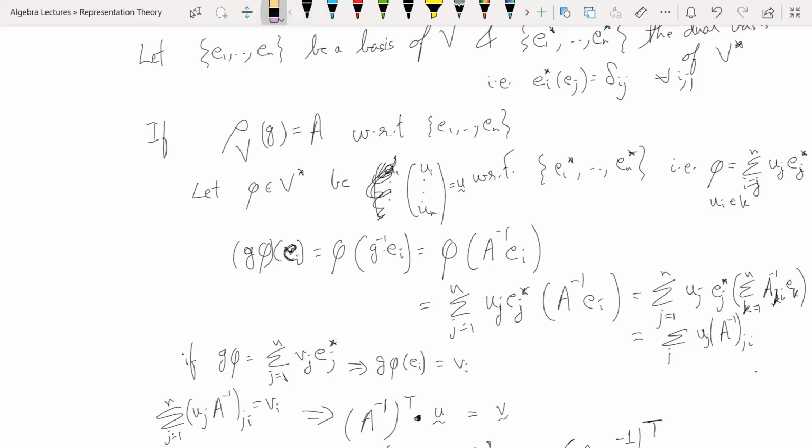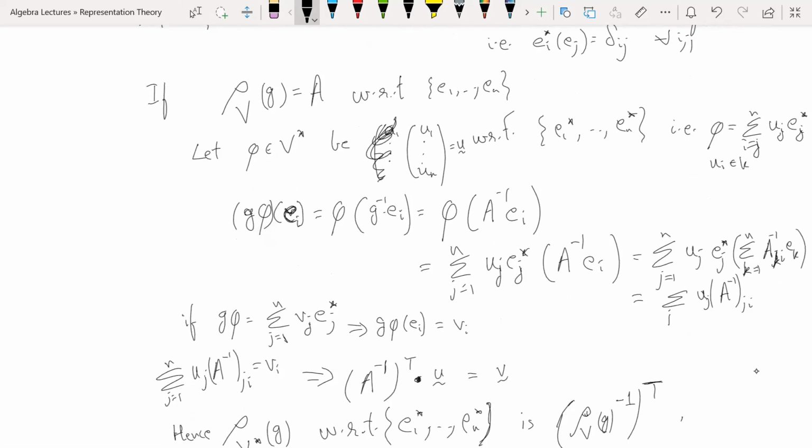This doesn't make sense, I want a number here. So you can check that, in matrix notation, this set of equations for i between 1 and n precisely means A inverse transpose U is V.